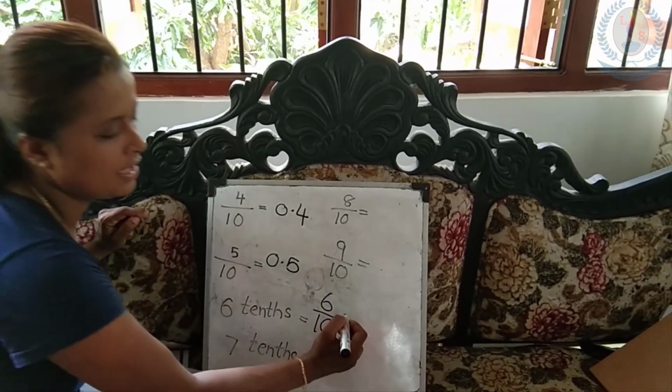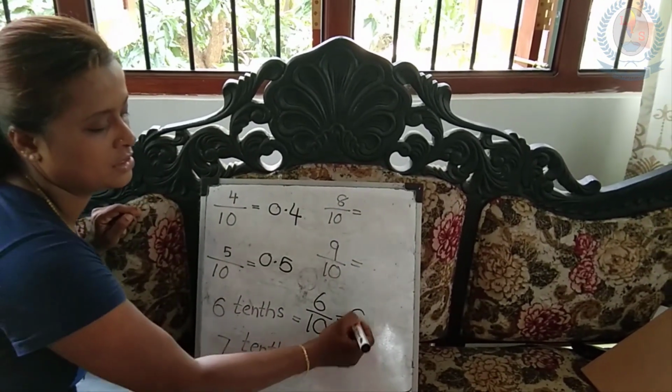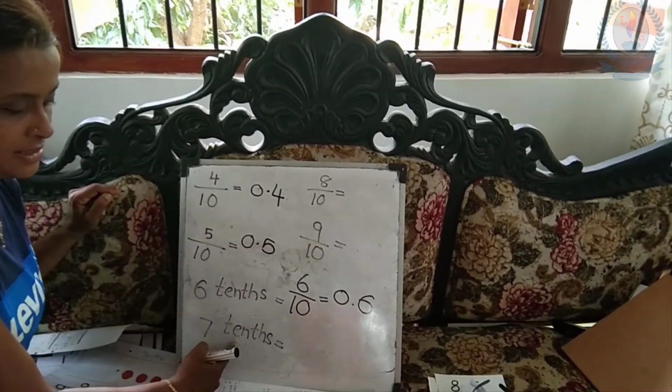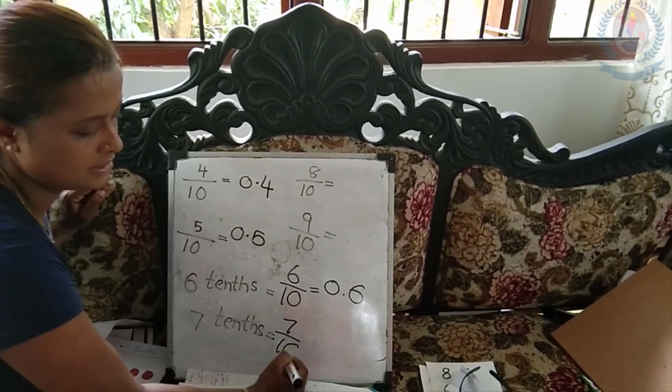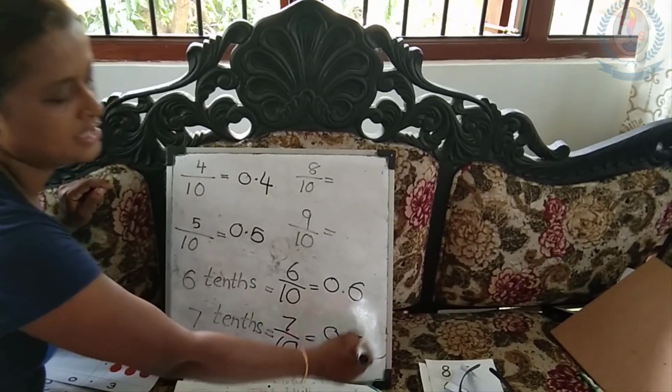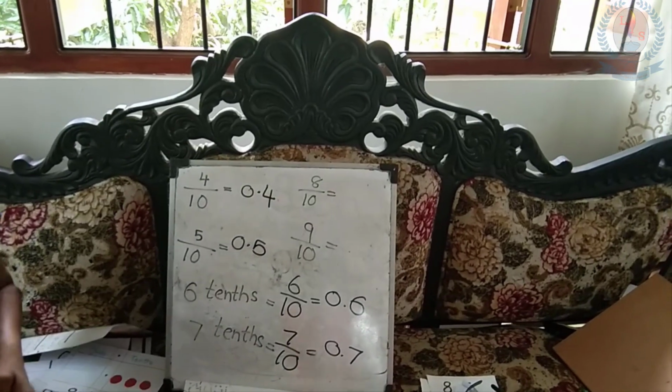Now we can write this as a decimal, 0.6. 7/10, 0.7. I think it's very clear to you.